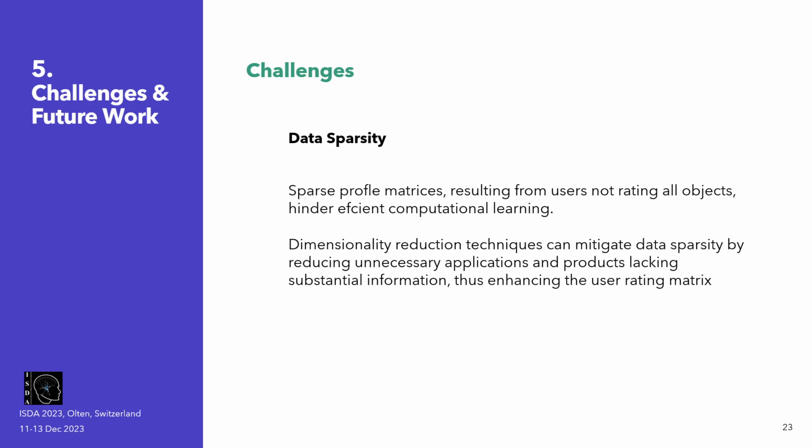The next challenge is sparsity. The sparse profile matrix, resulting from users not rating enough items, hinders efficient computational learning. Dimensionality reduction techniques can mitigate data sparsity by reducing unnecessary and redundant products lacking substantial information, which can enhance the user rating matrix.